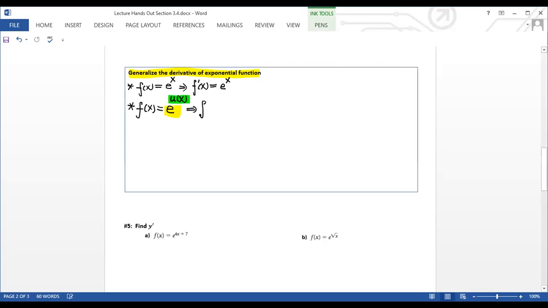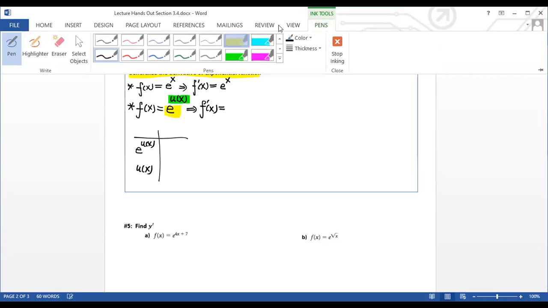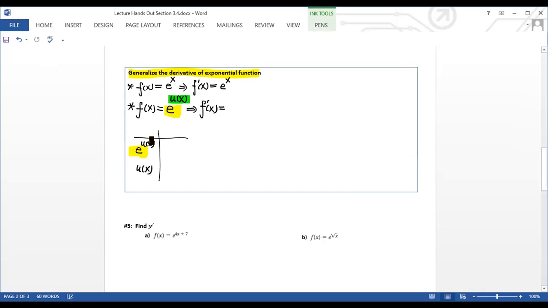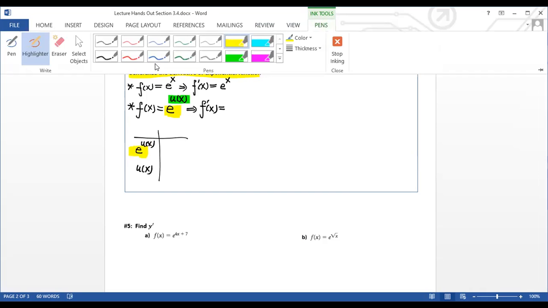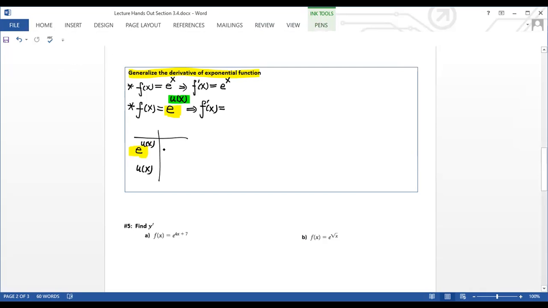Then f prime of x will be, remember, the chain rule. We use a little table to help us. The first layer is the e, and its derivative is itself, e to the u of x.